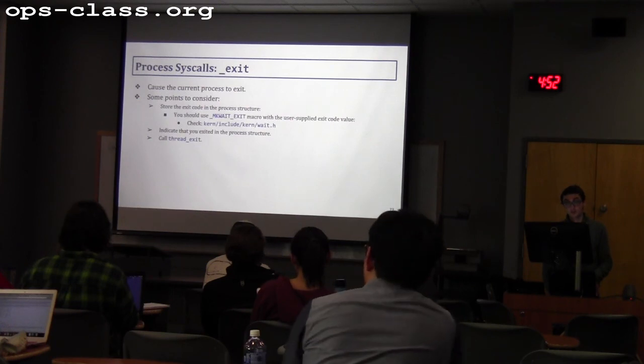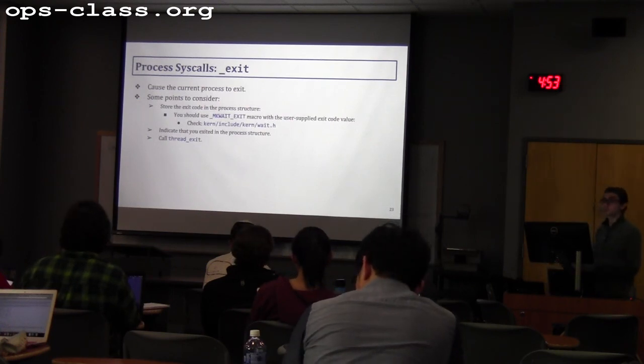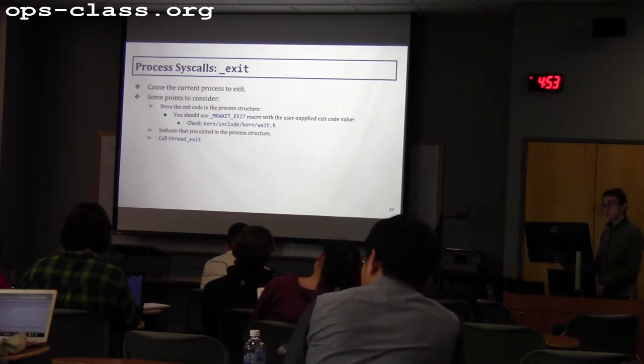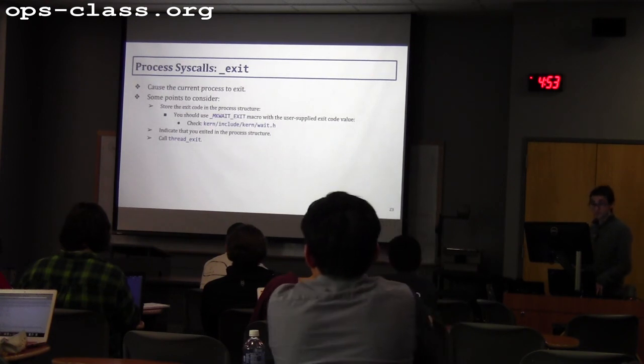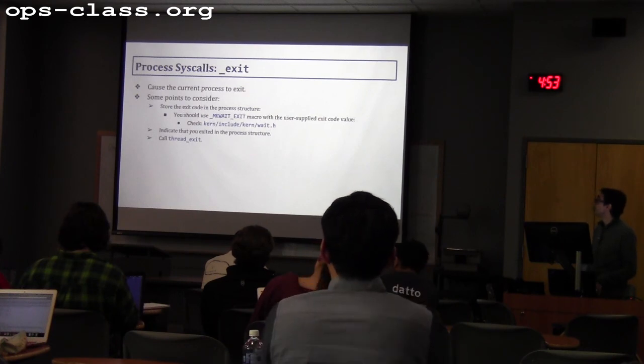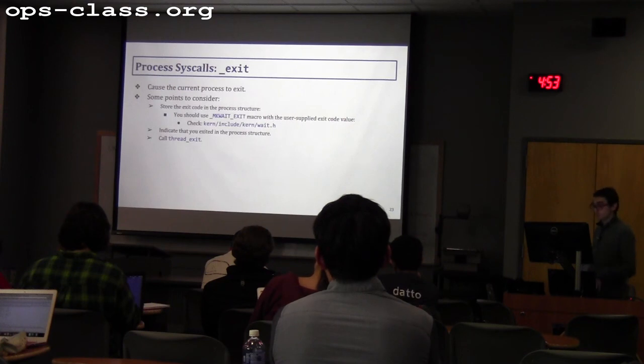The exit syscall basically causes the current process to exit. As a process, I will pass the exit code to the exit syscall, and I'll call the exit syscall. The exit syscall will store the exit code in the process structure, and be aware that you need to use that macro with the user-supplied exit code.